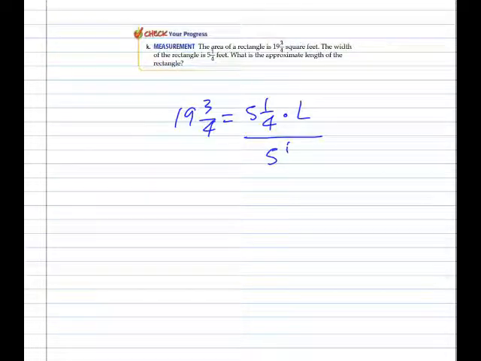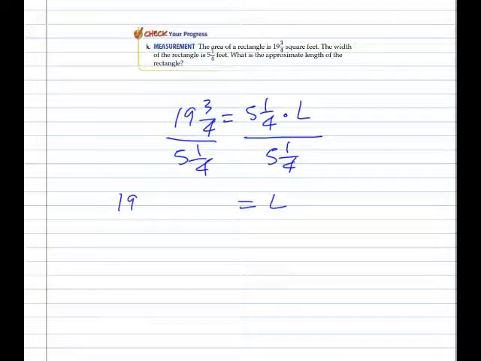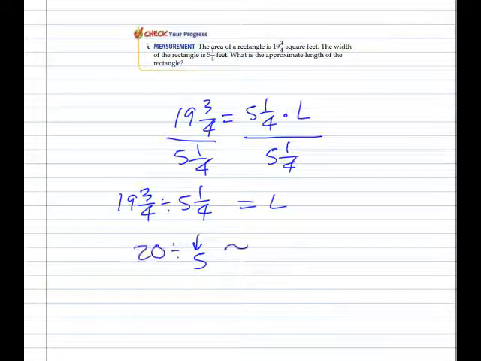If we solve this algebraically, we're going to divide both sides by 5 1/4. That means the length is 19 3/4 divided by 5 1/4. To make these compatible, we're going to round 5 1/4 to 5. We're going to round 19 3/4 to 20. 20 divided by 5 then, our approximate length is 4.